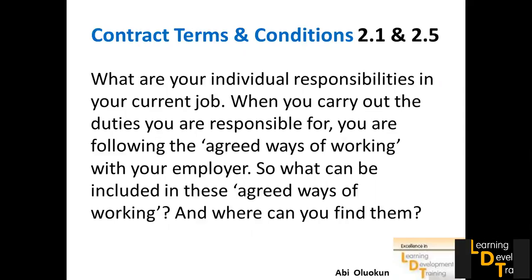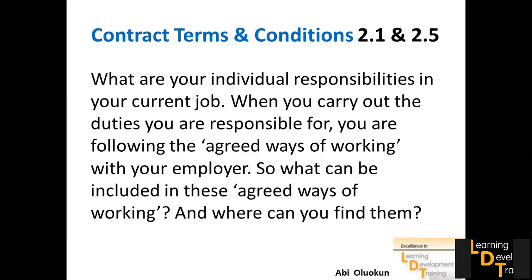So where can you find them? If you don't have a copy of your job description, ask your manager. I'm sure they would have given you one when you started your work. It's usually a written document for the specific role that you would be carrying out.